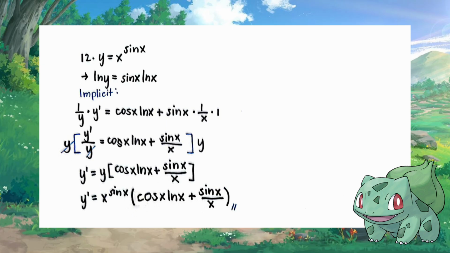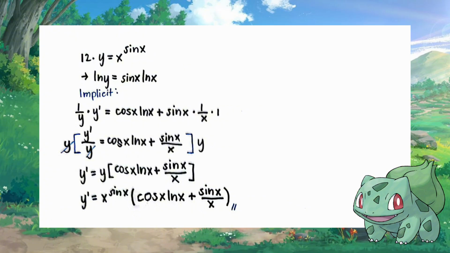Derivative of ln of y is 1 over y times the derivative of y, which is y prime. On the right side, we will use the product rule. Derivative of sine x is cosine x times ln of x plus sine x times the derivative of ln of x, which is 1 over x times the derivative of x, which is 1.